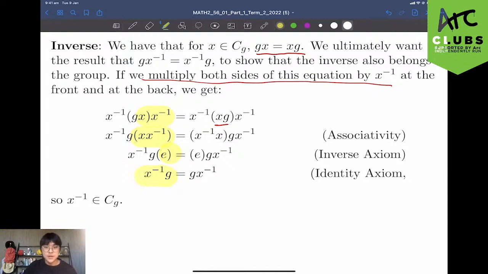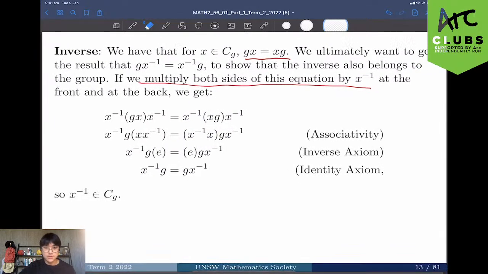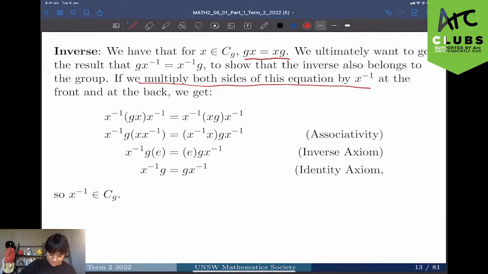And on the right-hand side, a similar thing. So here, this is going to turn into the identity element. And so we have x inverse g equal to g x inverse. And that's what we wanted to show. So we show that x inverse follows the rule in CG.